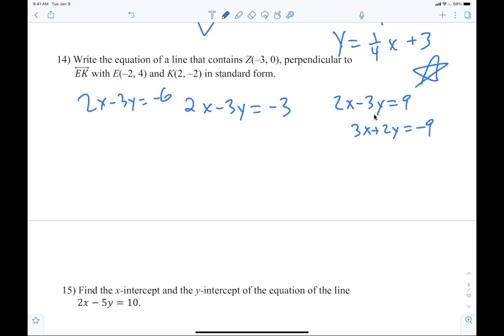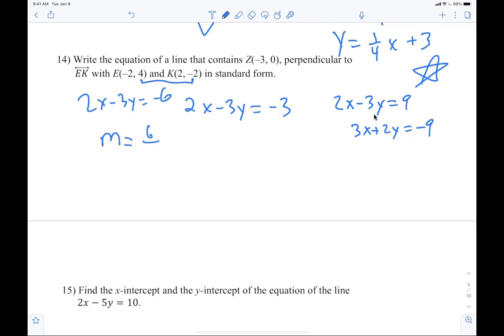So what was the slope of EK? Do we agree that it's 2/3? So 4 minus -2 would be 6, right?